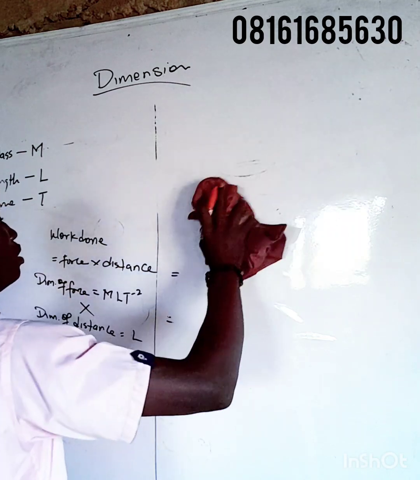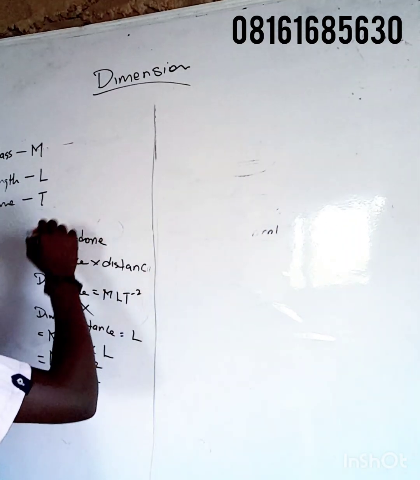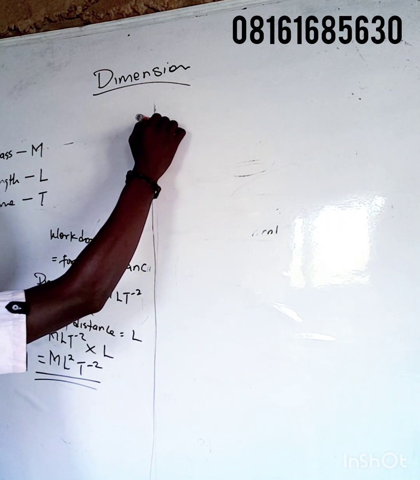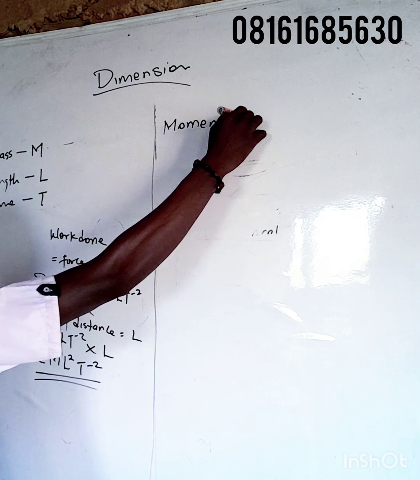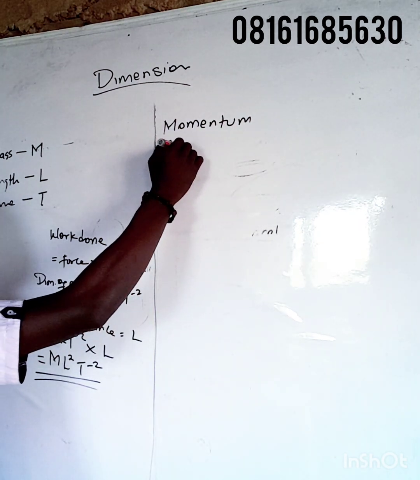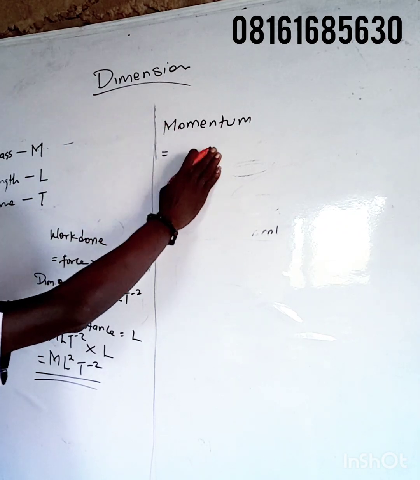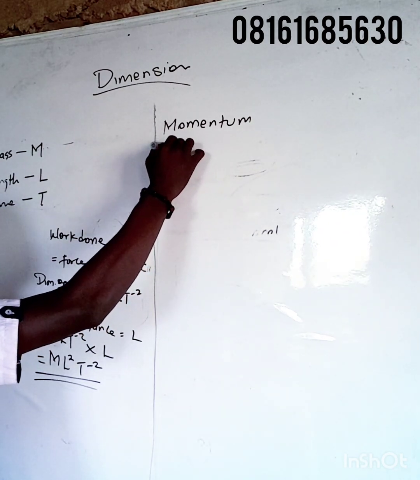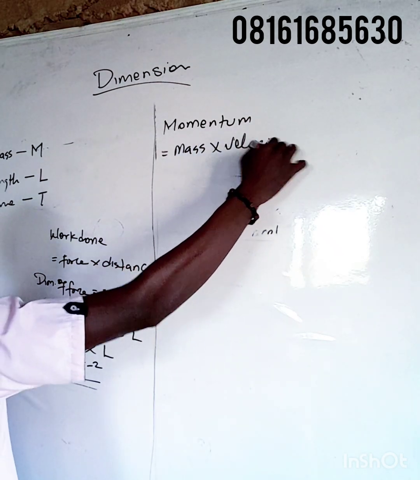Apart from that, you can also calculate the dimension of momentum. Look at the board. Momentum itself is mass times velocity. Am I right? Yes, sir.